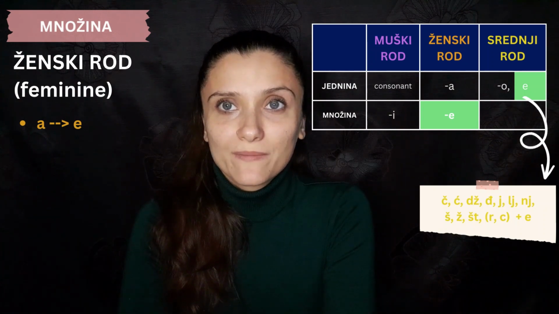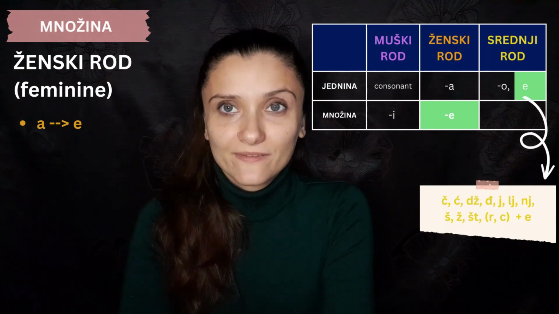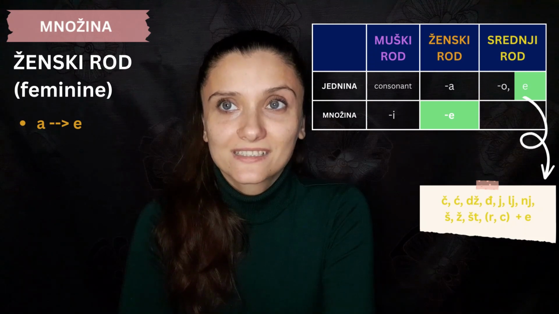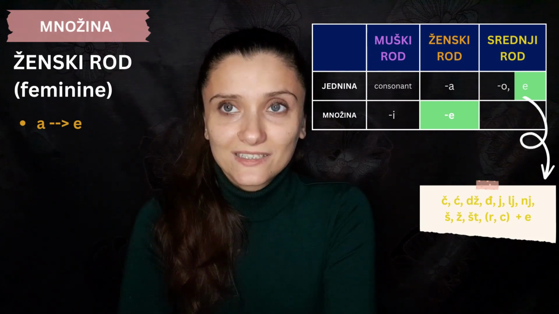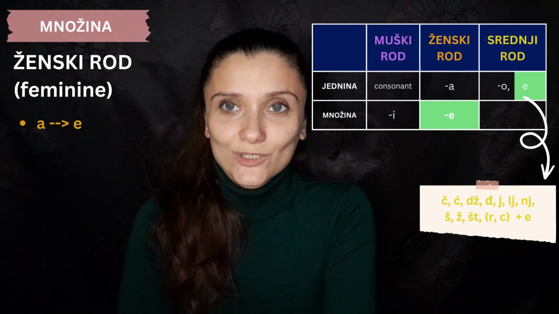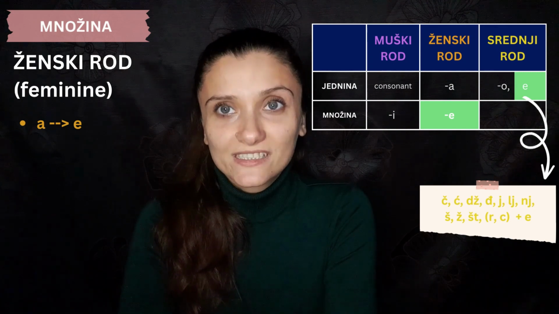And also you remember that there are not so many words which are grammatically srednji rod, so in most of the cases it will really be množina of ženski rod. So let's see how to make množina of srednji rod.